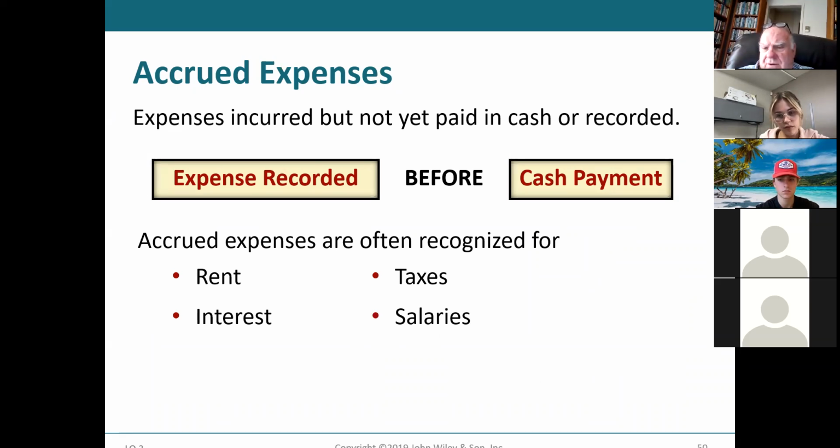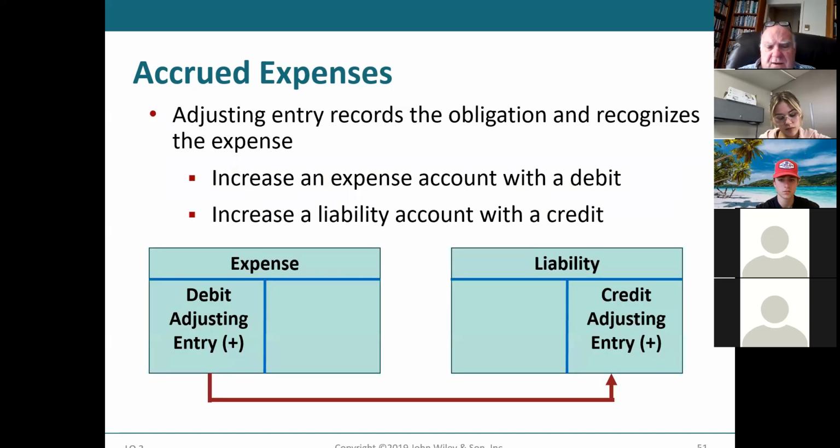The last week you made $500. Well, you're not going to get paid for that for a week or two, right? But you worked those hours this month, from the 26th of September through the 30th. We have to record that expense in September. And we're going to do that with a debit to an expense and a credit to a liability account called an accrual account.